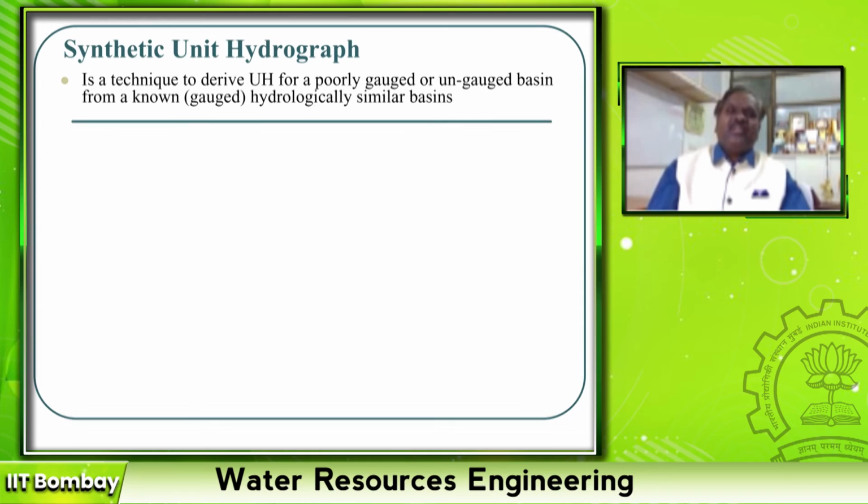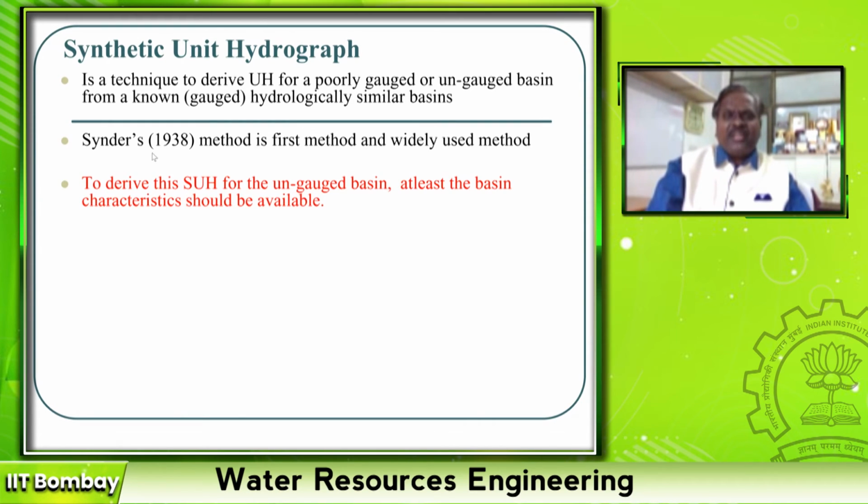Then estimate constants which are regional and apply the similar constant to a basin which is similar, hydrometeorologically similar, and derive the unit hydrograph for that ungauged basin. So such a method of deriving unit hydrograph for ungauged basin is called derivation of synthetic unit hydrograph, or SUH. Snyder's method is 1938. Just after 3 years of distribution graph, we got this method of Snyder's unit hydrograph.